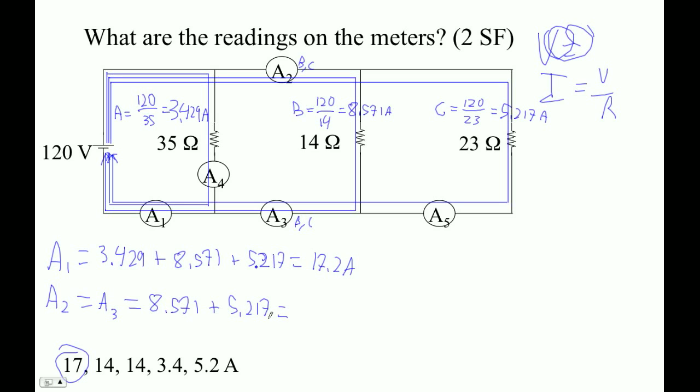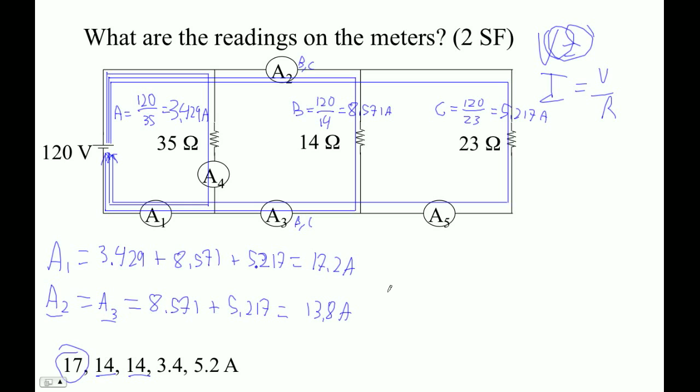That's just B plus C. I'm storing these in registers in my calculator. That's 13.78, so 13.8. That's the answer for A2 and A3.